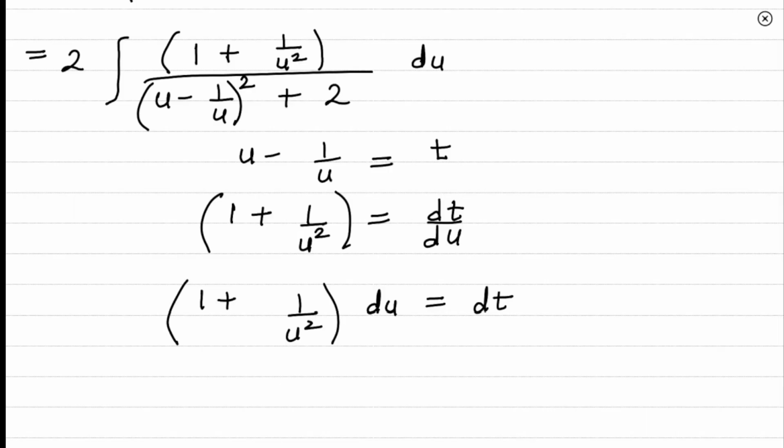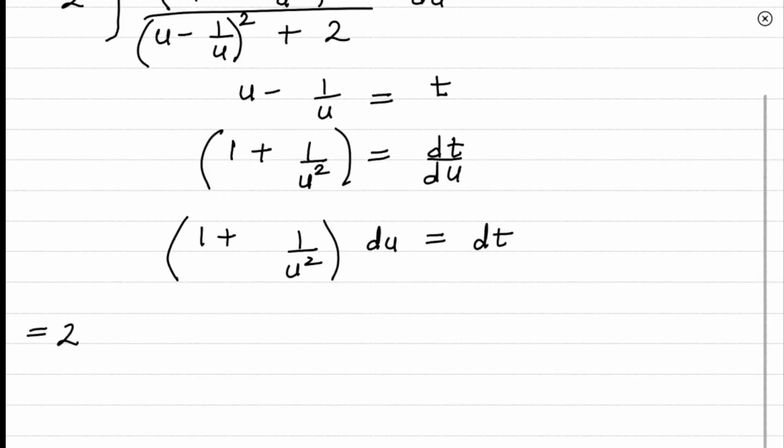So now let's convert that entire integral from the u world back to the t world. Okay, so this thing in the numerator, 1 plus 1 over u square times du, will become dt, and this will become t square plus 2. Okay, so we have 2 times integral of dt divided by t square plus 2. Now it is so simple to integrate.